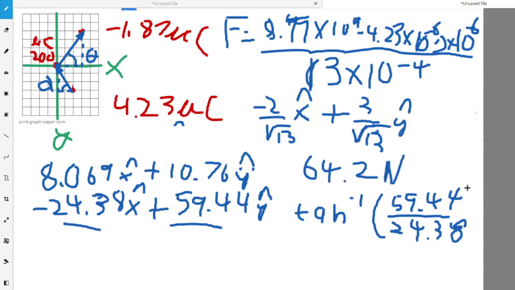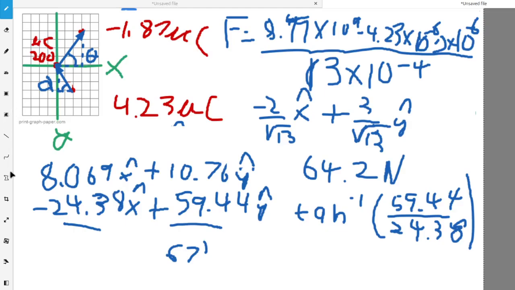When we plug this in, we're going to get an answer of around 67 degrees. But 67 degrees from what? This is negative in the x and positive in the y. So it's going to be 67 degrees above the negative x-axis.